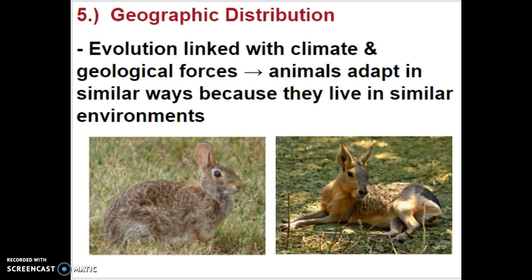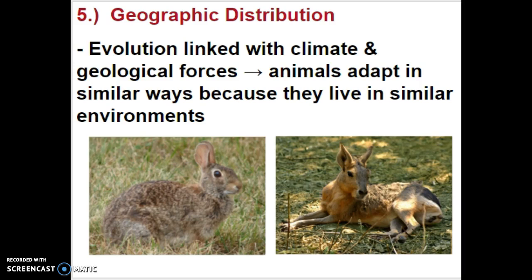Evolution is also very closely linked with climate and what the planet itself is doing. Animals will adapt in similar ways because they tend to live in a similar environment, ecosystem, or biome. These two organisms here: on the left, we have the North American rabbit, and on the right you have the South American mara.